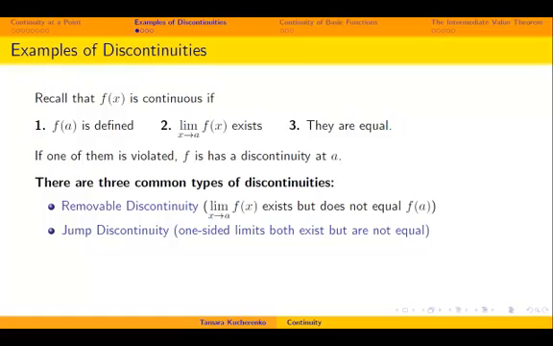Another type of discontinuity is a jump discontinuity, which occurs if the one-sided limits both exist but are not equal. Again, f may or may not be defined at a itself.